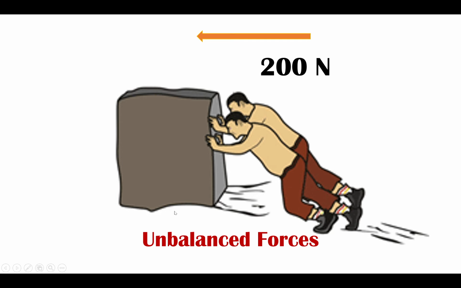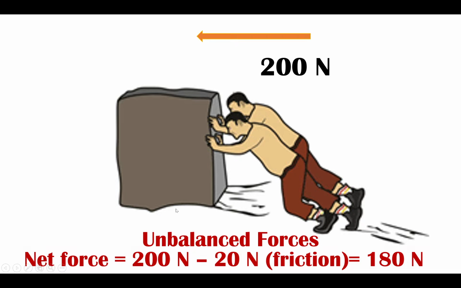A friction force that opposes the force applied by these two men. Although it's negligible, there might be, for example, a hypothetical 20 newton force of friction applied by the surface where this stone or heavy object is situated.